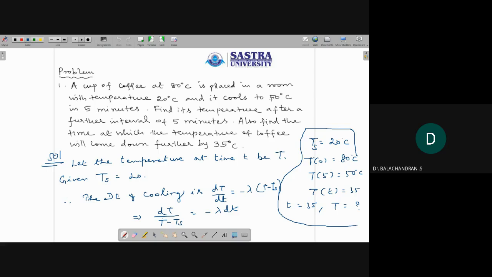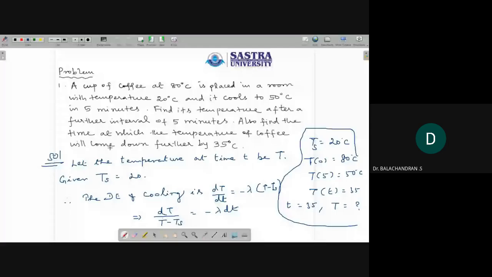Actually, it will come down further by 35 degrees. I understand your point, but here they mean: also find the time at which the temperature of coffee will come down.